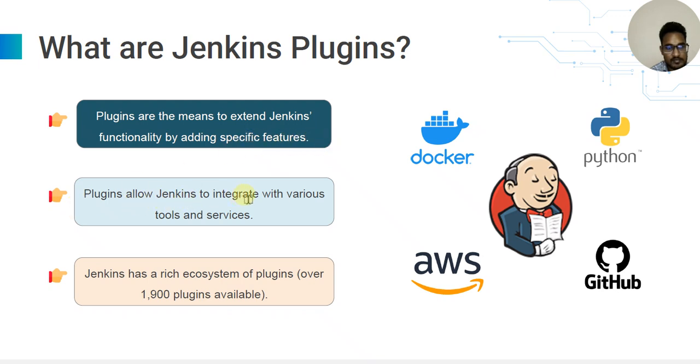Plugins allow Jenkins to integrate with various tools and services like Docker, Python, AWS, and GitHub. Jenkins has a rich ecosystem of plugins, with over 1000 plugins available.